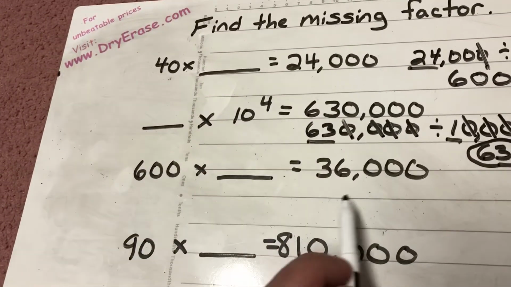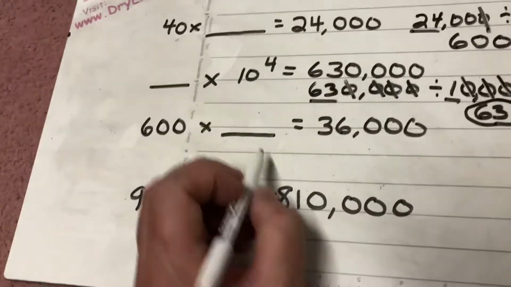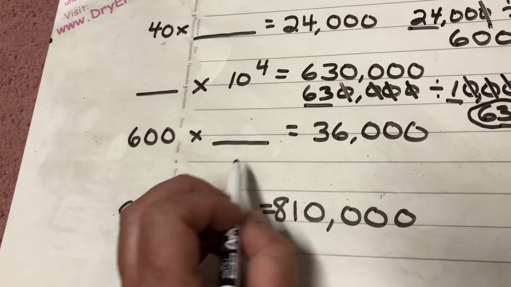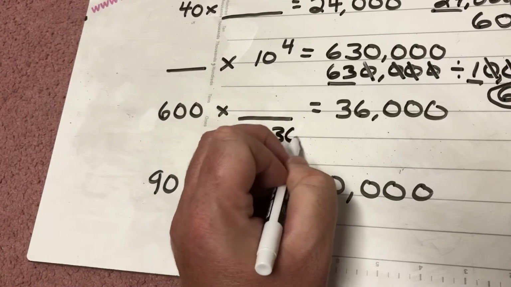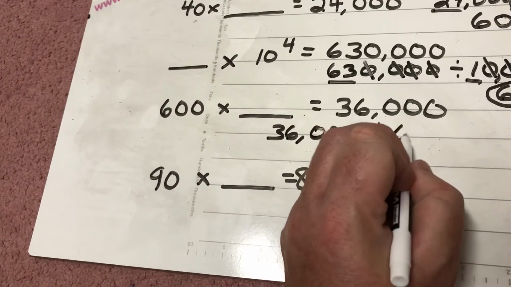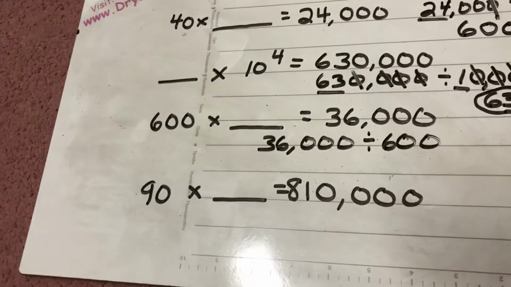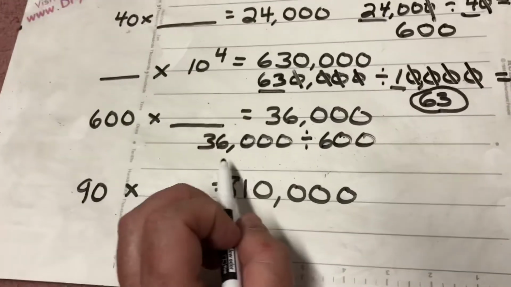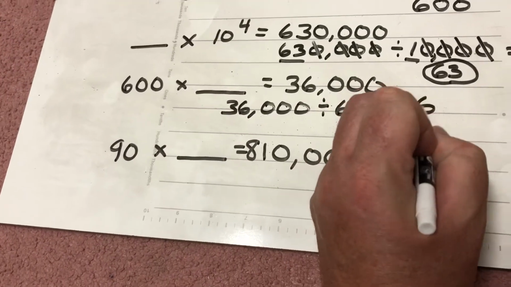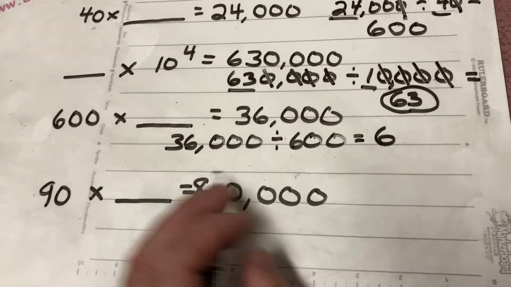600 times something equals 36,000. So, once again, to solve a multiplication equation, you divide 36,000 divided by 600. I'm going to think to myself 36 divided by 6. Well, 36 divided by 6 is 6.